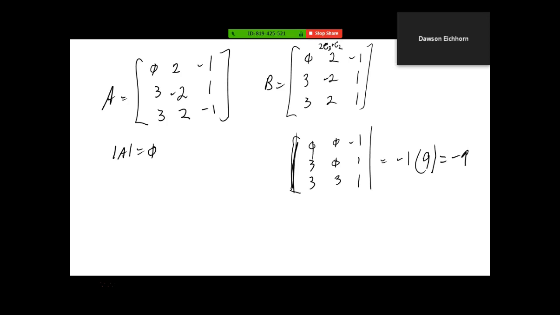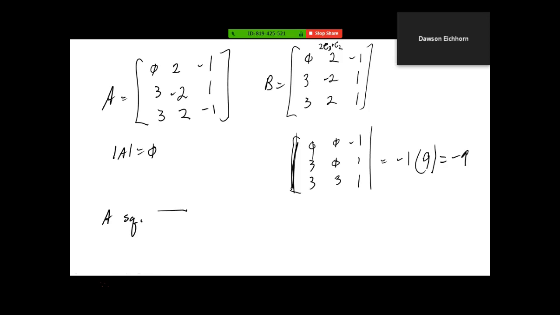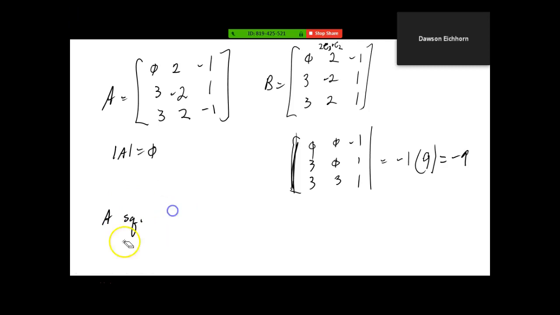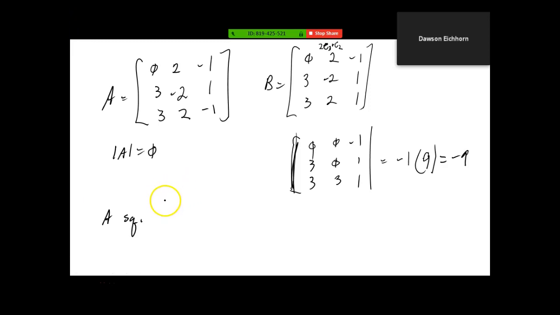So what this was based on is theorem 3.7. A square matrix A is invertible. Of course, you have to be a square matrix to have an inverse.